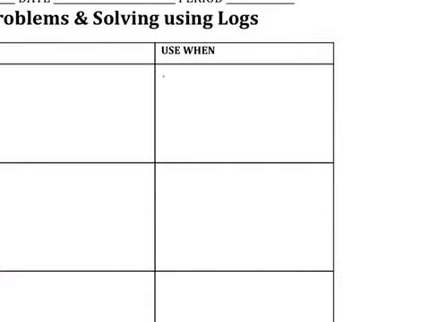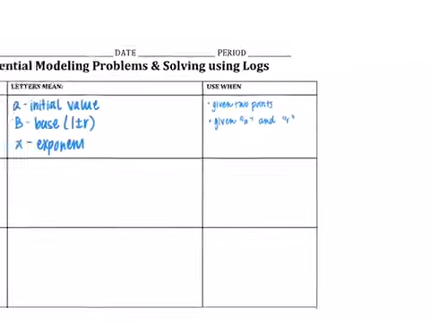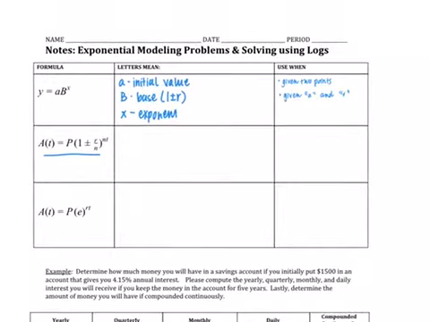Number one, when we are given 2 points, and then also when we're given A and R. Okay, so that's our very basic exponential equation.